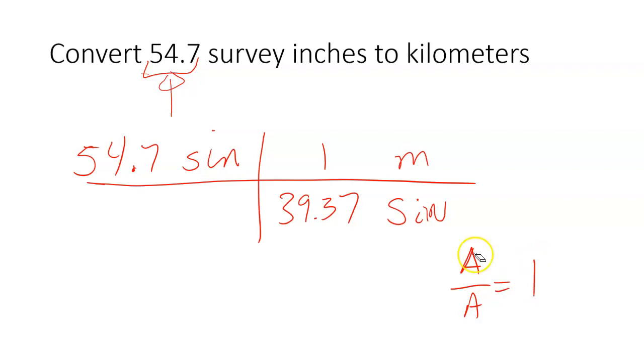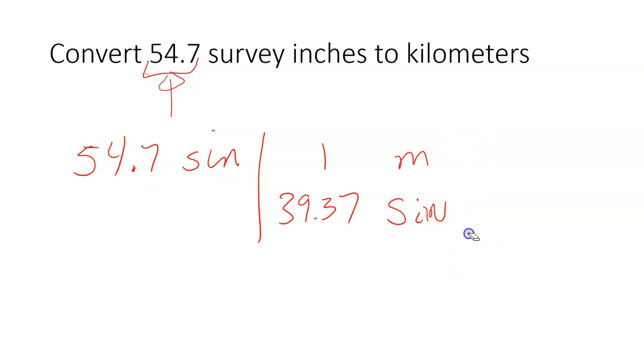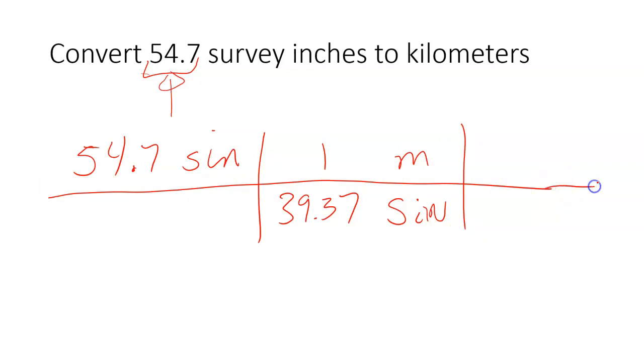Then after that, we need to go from meters to kilometers. And hopefully you know that 1 kilometer equals 1,000 meters, right? Now we work with our multiplication, we cancel our units, and we end up with our measure in kilometers.